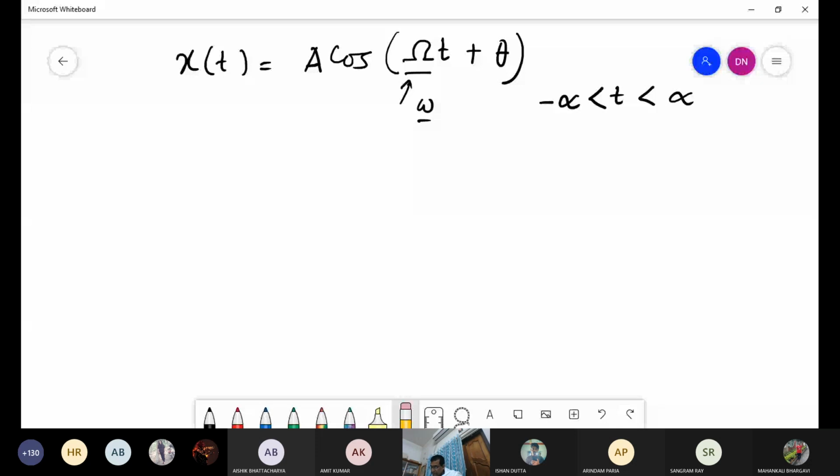This is for the continuous time signal. Now, this capital omega I can write as equal to 2π into some frequency, suppose capital F.